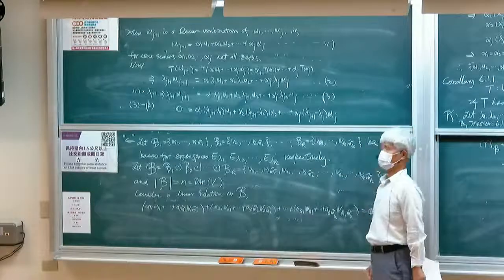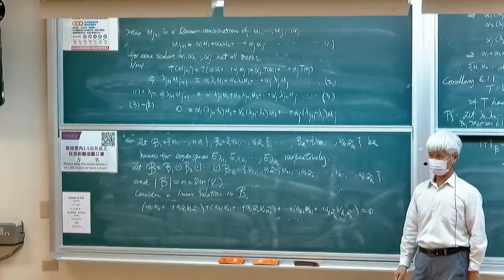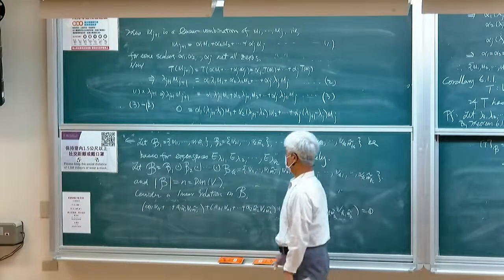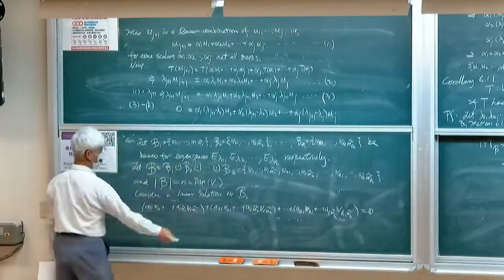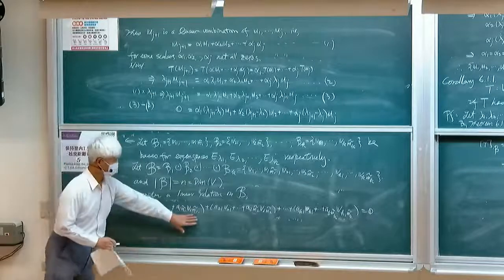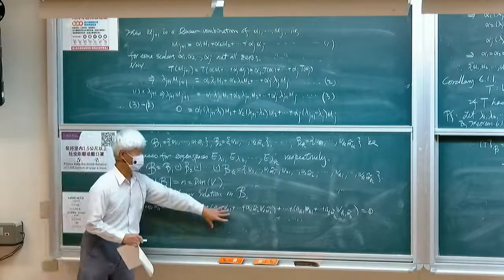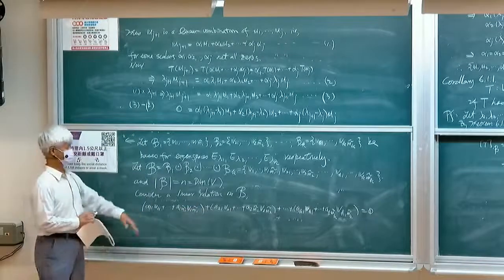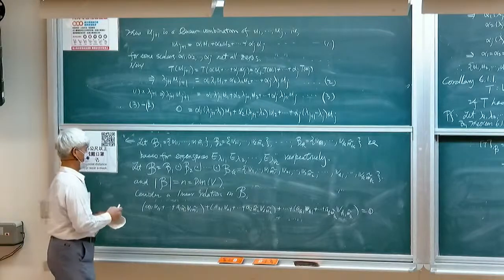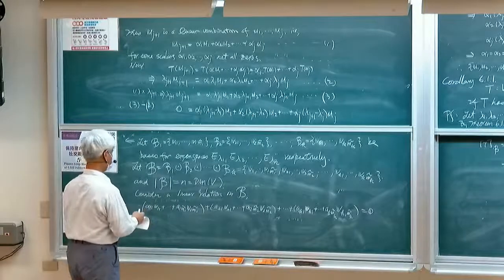Suppose we have a linear relation like this one. I already grouped some sums together, so we have k groups here.